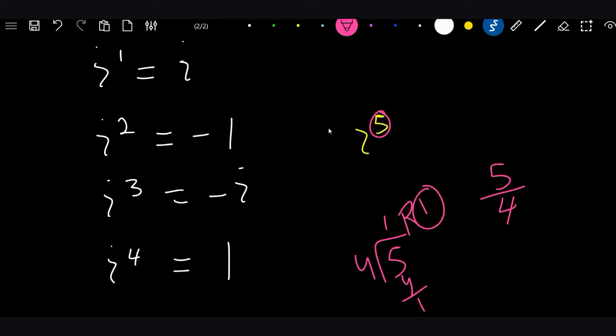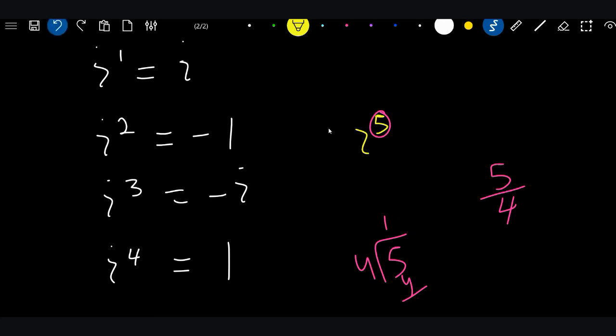Whatever my remainder is, if I go to the chart and use that, that's my leftover exponent. Whatever that remainder is, that's what this equals. So i to the 5th equals imaginary.